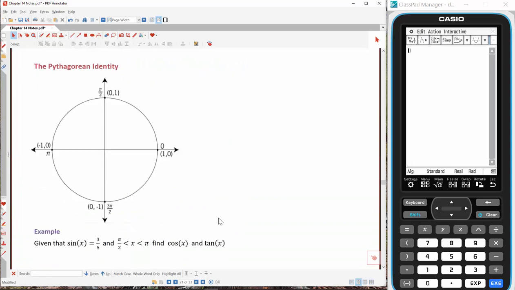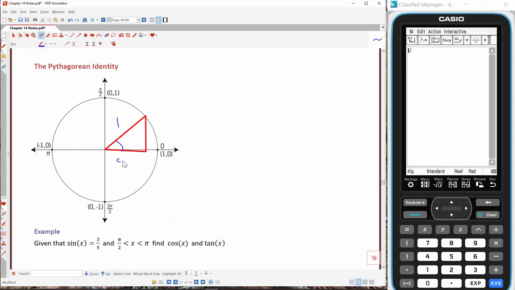All right, the Pythagorean identity. So just something to note about the Pythagorean identity. So let's just take an angle like so. Notice that that's 1.